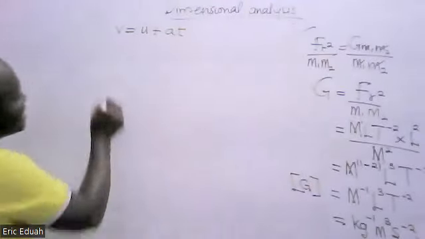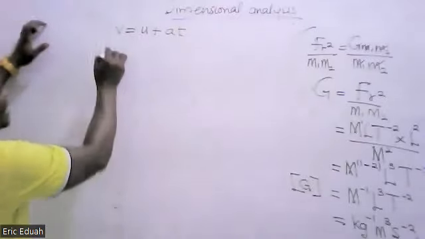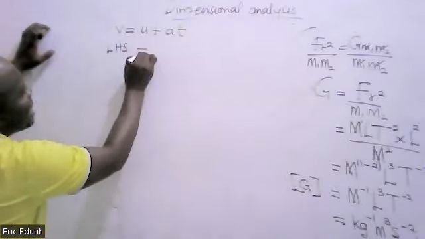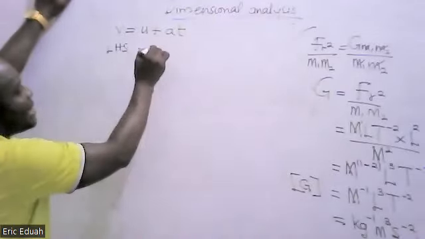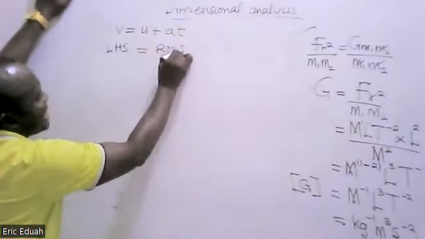In doing that, you find the dimension of the left-hand side expressions. It must be equal to the dimension of the terms at the right-hand side.